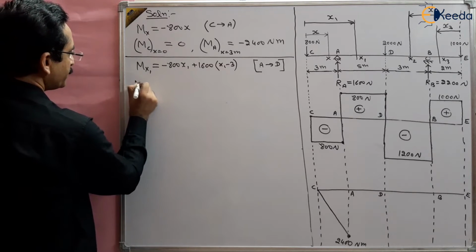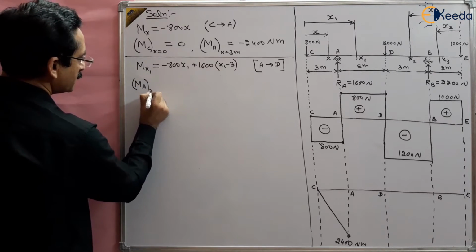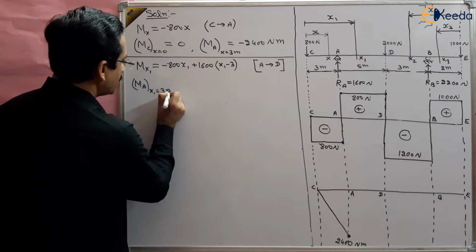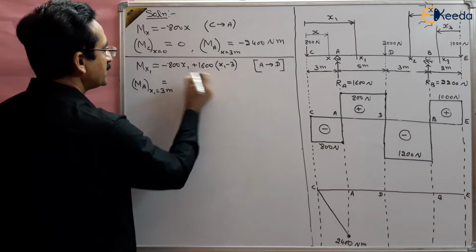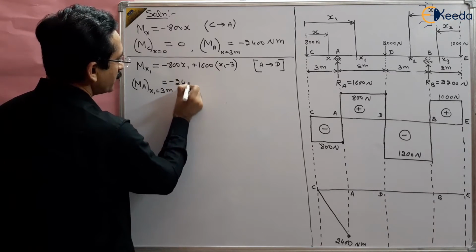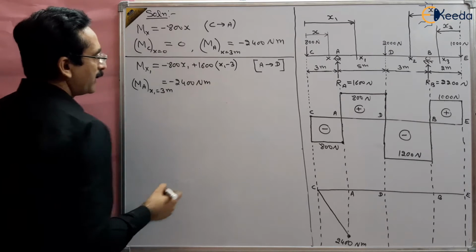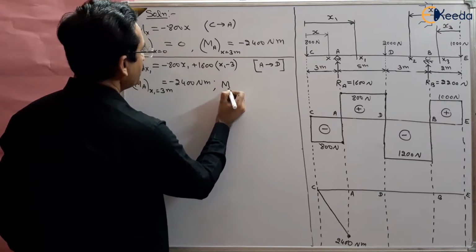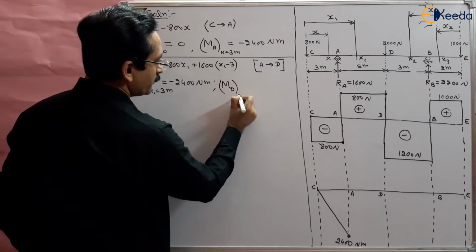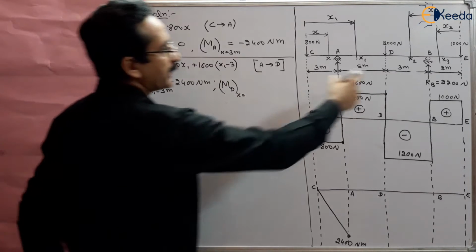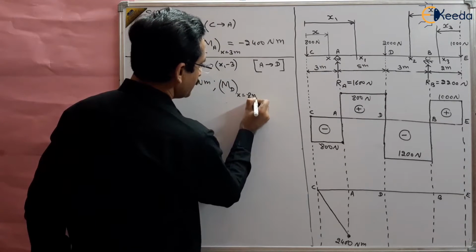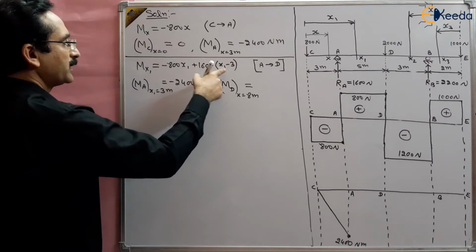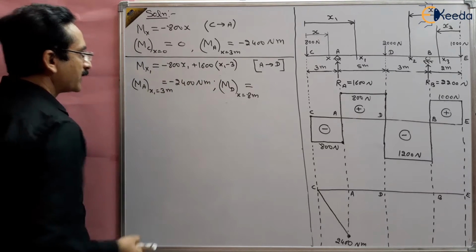So MA at x1 equal to 3 meters will be 0 for the second term, and the total is minus 2400 Newton meter. And MD at a distance of x equal to 8 meters, put 8 here and you will get the answer.